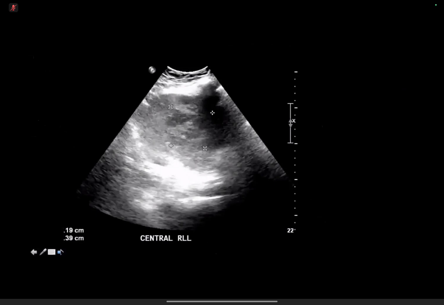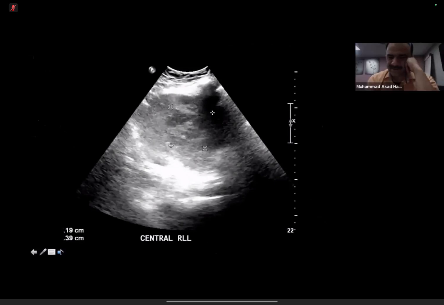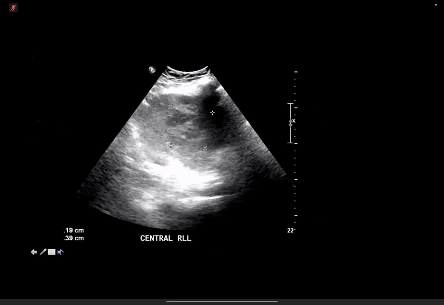Okay. Describe the findings. I have presented another slide for you. It's a slice through the ultrasound examination of the right lobe of liver, which is demonstrating a heterogeneous echogenicity lesion, which is irregular shaped.